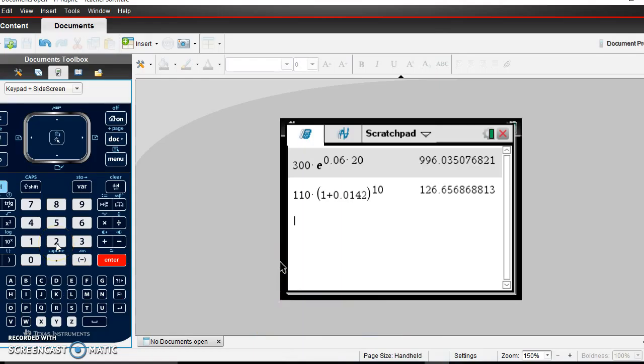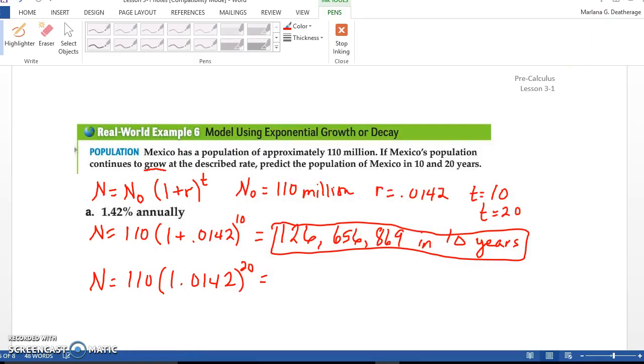Really what you can do is go up here, hit enter, and then just change that to 20. So 145,836,022 in 20 years.